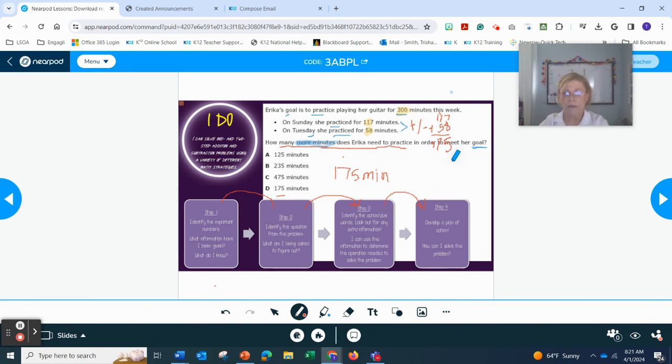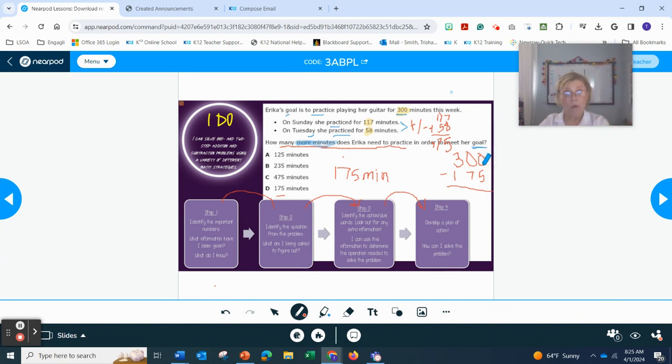So we have that whole that we have to compare the 175 to. And that whole is 300. So we have 300 minus 175. All right, so let's finish this up.